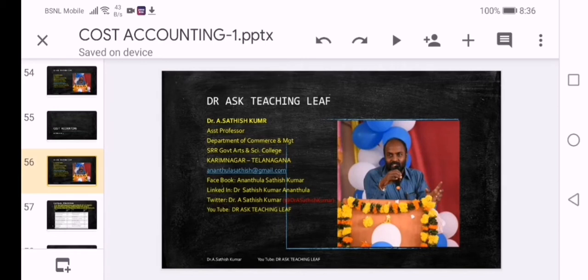At the end of this session, I am also giving 2 cost sheet exercises that you are supposed to practice on your own.